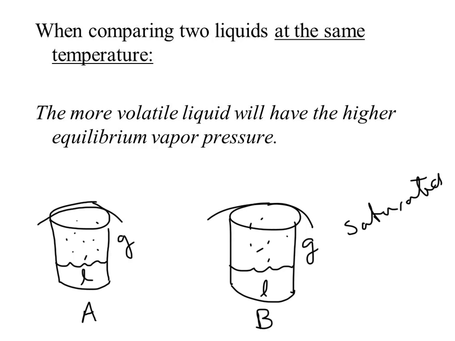This is different than the next slide. This says it is at the same temperature, so T is the same. I'm going to go ahead and in B put more dots. Based upon that, which one has the higher equilibrium vapor pressure?